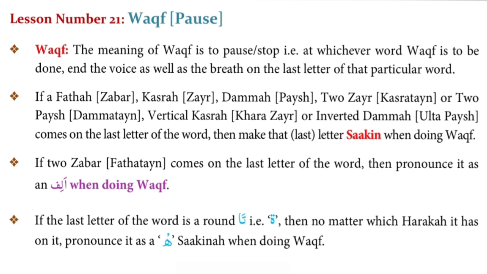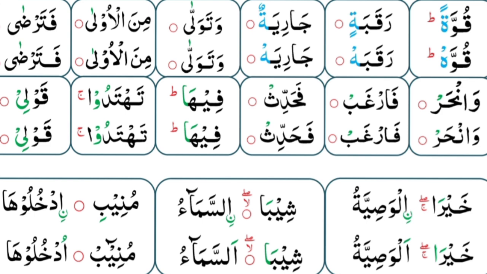For example, look at the first box in the first line. You can see the last letter of this word is round ta, which has two zabar on it. So you have to change this round ta with ha sakin in case of waqf. Whether it has two zabar on it, two zer below it, or two pesh on it, you have to change round ta with ha sakin. Like this, quwwatan, in case of waqf, quwwah.